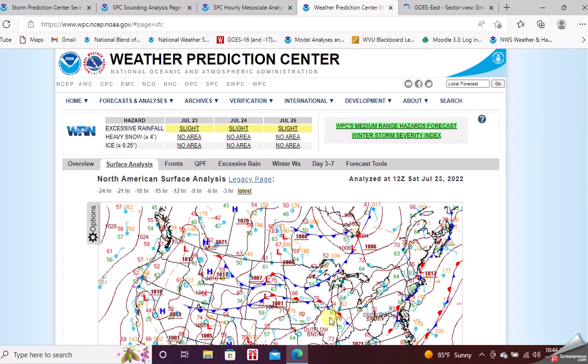What's it forming on? It's forming on a stationary front. It's on the north side of it, and that is where it's forming and moving down. There's another cold front up here coming. Remember yesterday, on Thursday, we talked about a cold front coming through your area. Well, that became stationary, and right here is where that boundary is.